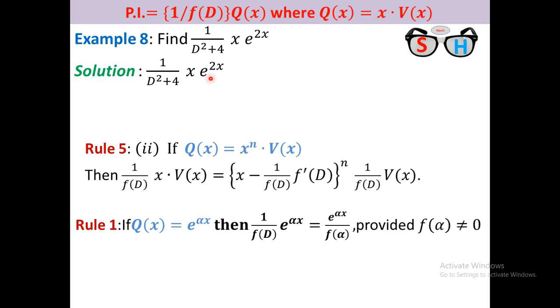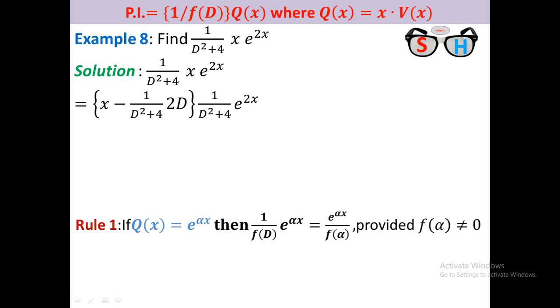Therefore what will be the result? 1 by f(D) of that will be x minus 1 by f(D), where f(D) is D square plus 4 and f dash(D) means its derivative, that is 2D, of 1 by f(D), that is 1 by D square plus 4 of e to the power 2x.